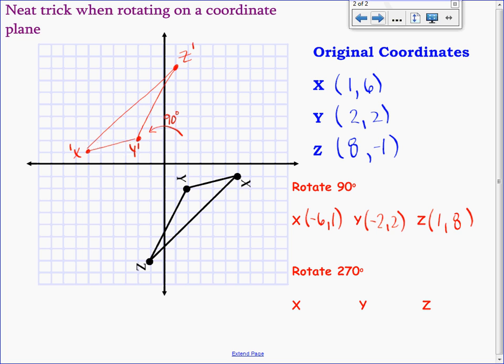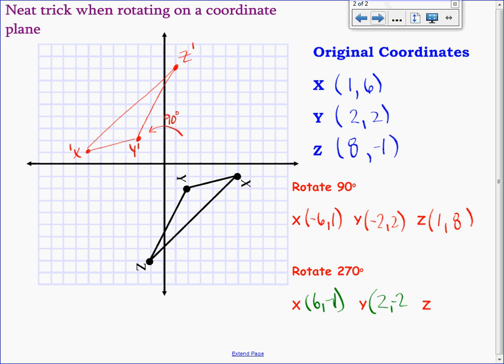Where is X now located? 6, -1. Y is now at 2, -2.